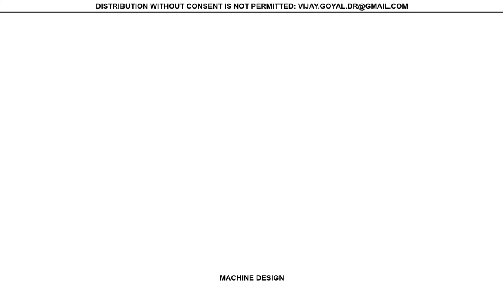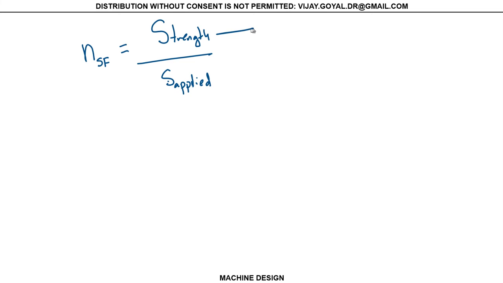As usual, the whole goal of the problem is to find a factor of safety, where we want to find the strength and the applied load, applied stress. Your strength is going to be either ultimate compression or ultimate tension, and we will talk more about this as we move along.